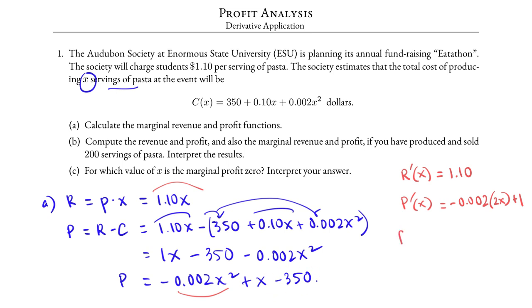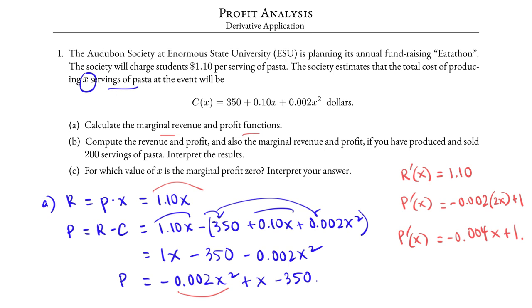And so the marginal profit is negative 0.004x plus 1.